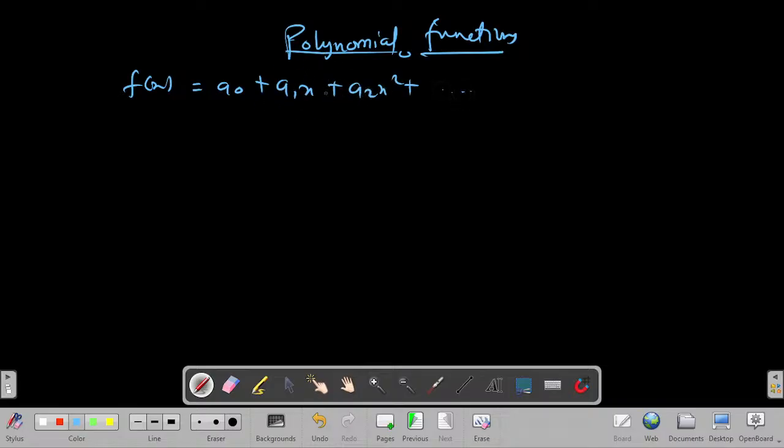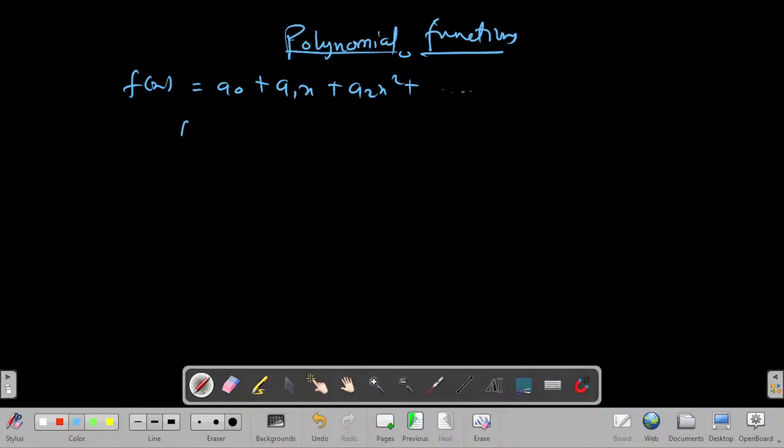Any function in this form is what we call a polynomial function. A itself can be 0, we can have f of x equals 0, yeah, that is also called polynomial. Then we can also have this.